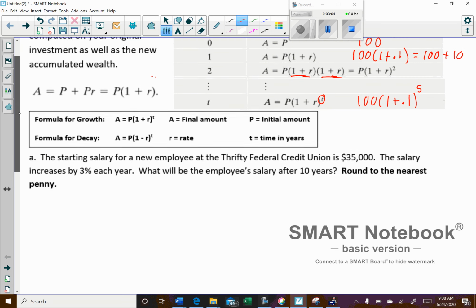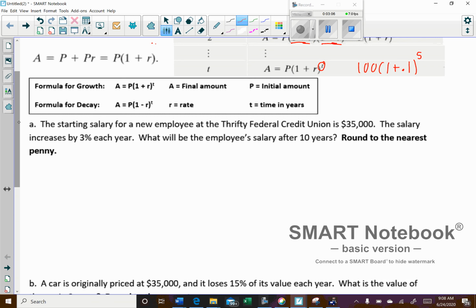So using this formula, we have a formula for growth, which is the one we just used. You invest your money and it grows, right? A is the final amount, P is your initial amount, R is the rate, and T is time. If you were to subtract the rate, that would be a formula for decay, and we'll look at an example of that in a moment.